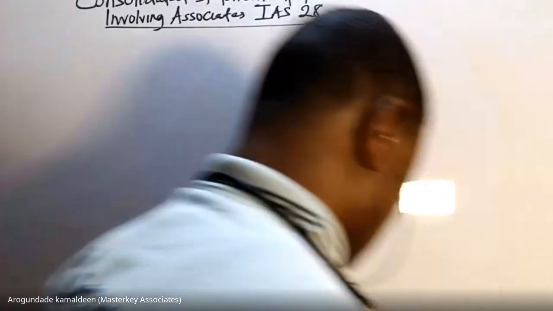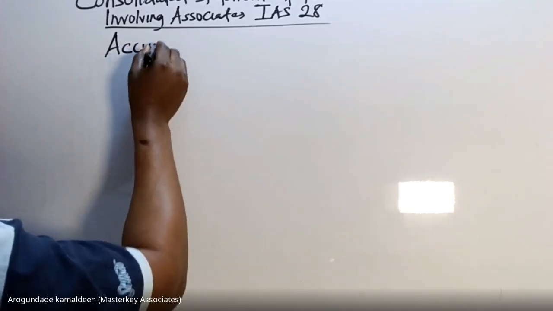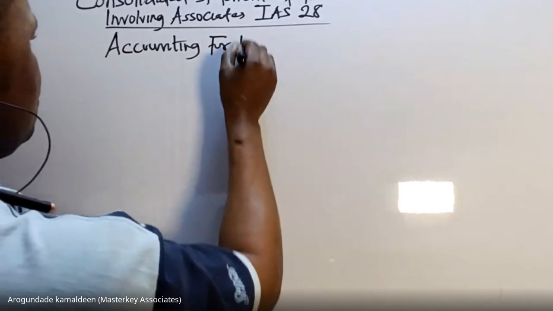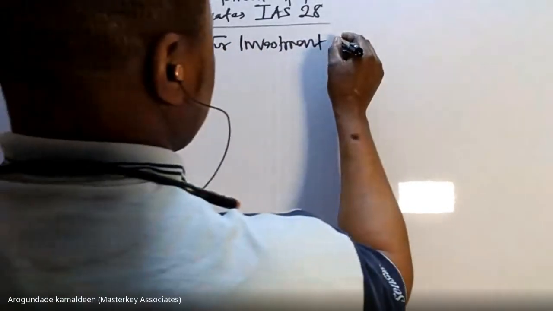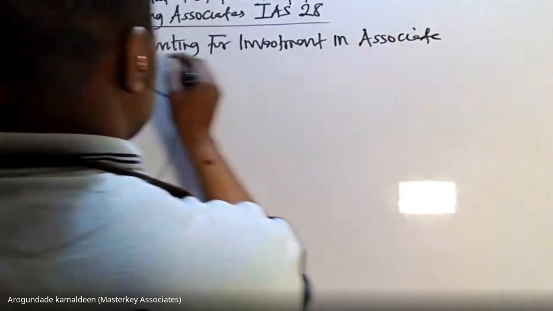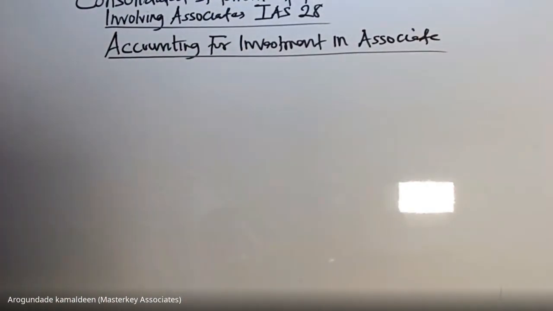Here there is no control. So, accounting for investment in associate. How do you account for your investment in associate as an investor?